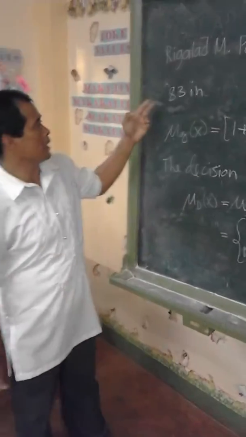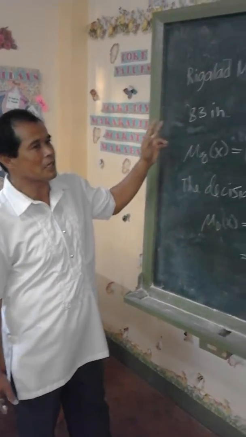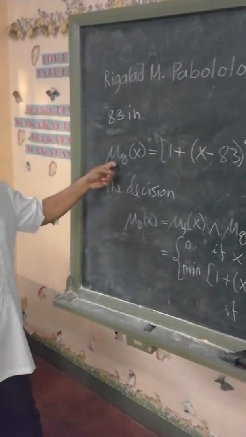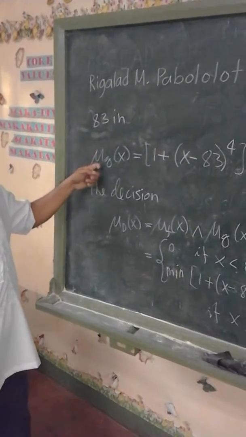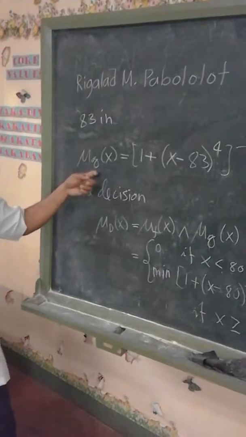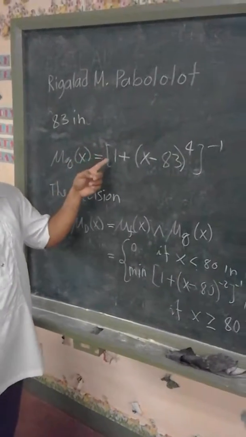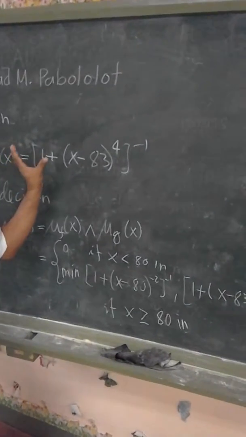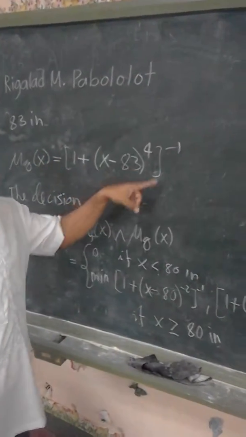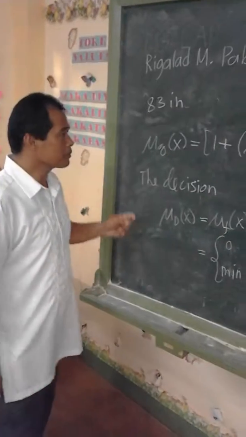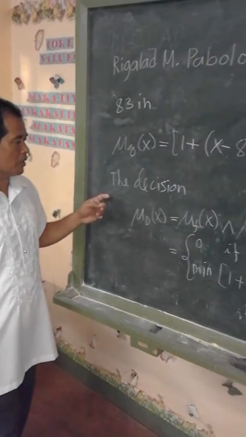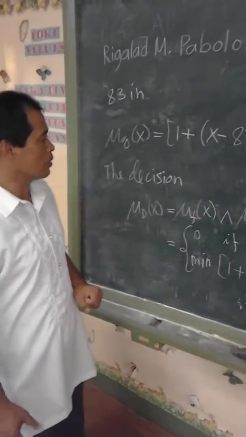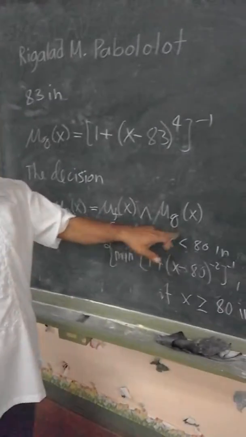But if it so happens that the constraint, the grain girdle, is 83 inches, we have this constraint: G sub mu sub G of x equals 1 plus x minus 83 to the fourth power, raised to the negative 1. Therefore, the decision is just the intersection between the two, the objective function and the constraint.